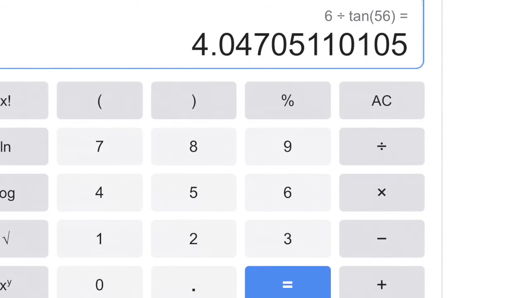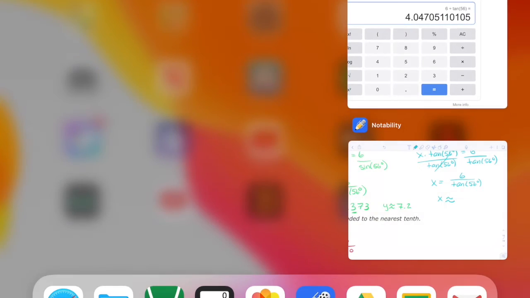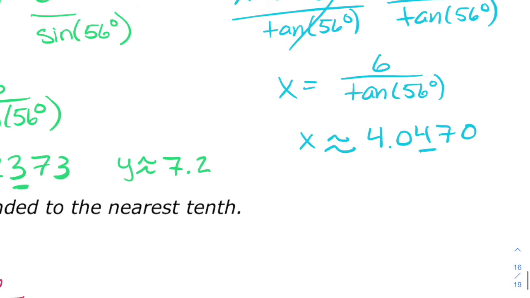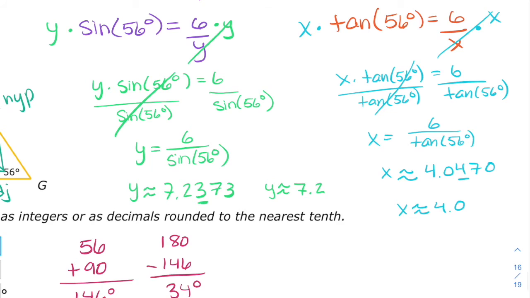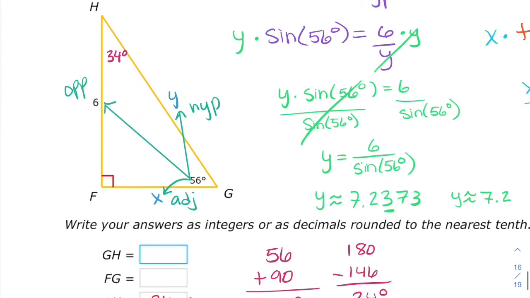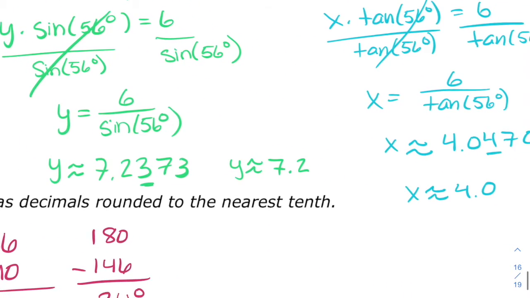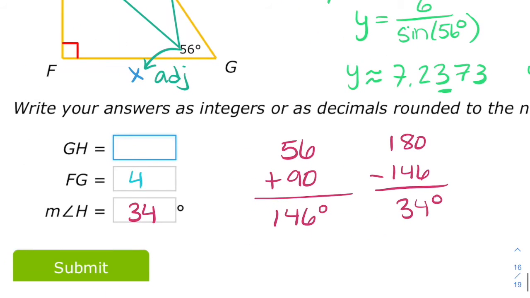4.0470. Rounded to the nearest tenth, so go to the hundredths place. It rounds off to 4.0. What is x? X we made FG, so FG is 4.0.